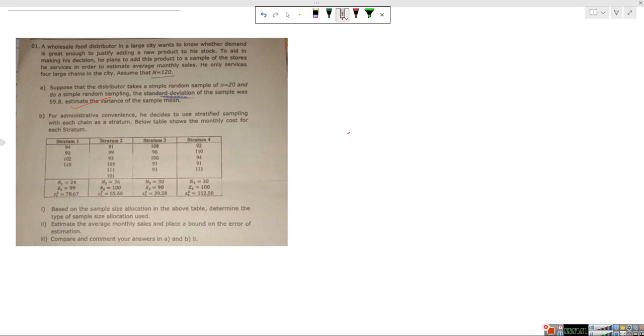So what they are asking is the type of sample size allocation used. Since they have given the cost, we would have to use optimum allocation. But I don't think the cost is given.